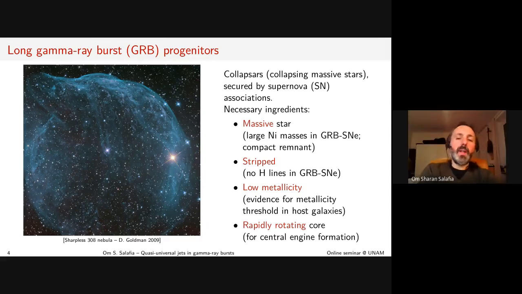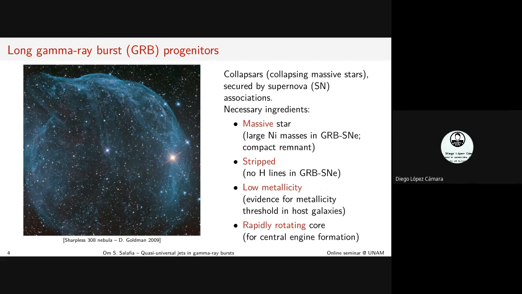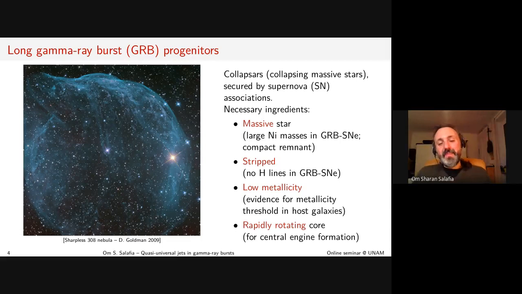Sorry, I had some confusion. I mean 5 solar masses of ejecta and around half a solar mass of nickel. Yes, okay, 10%. Okay. Thanks. Thank you.